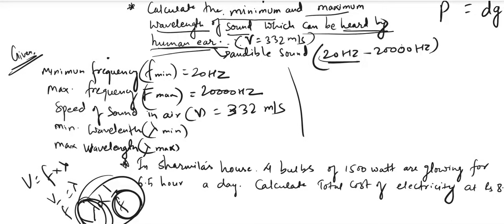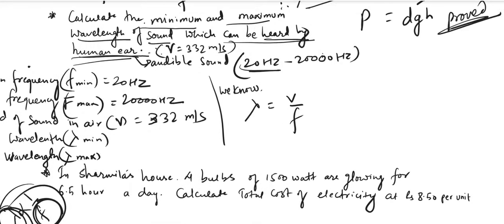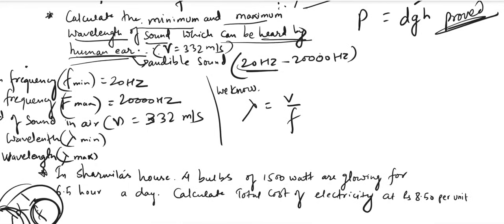While doing the numerical, we can write lambda is equal to v upon f. As I told you, lambda and f have an inverse relation, so if we are finding lambda minimum, we have to use maximum frequency. If we are finding lambda maximum, we have to use minimum frequency.